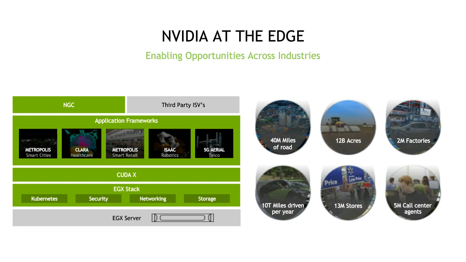And then above that, we have our application frameworks. The NVIDIA application frameworks provide tools to developers developing AI solutions for a variety of different industries. We have Metropolis for smart cities. We have Clara for healthcare. We have Metropolis for smart retail as well, Isaac for robotics, and then Aerial for telco.